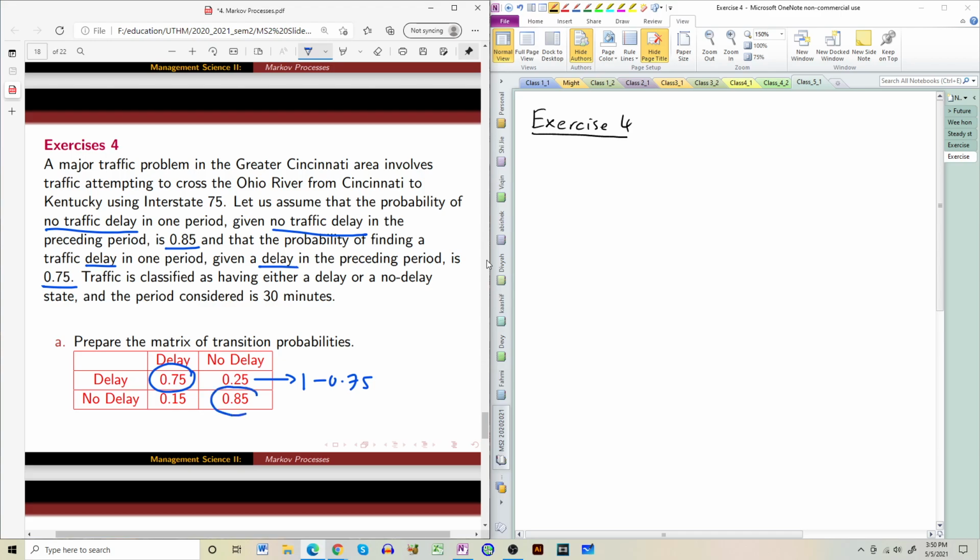Now if you are given 0.85, then this one would be 1 minus 0.85. That's how you find the transition matrix of probabilities for all the states. So this is the answer for A, transition probabilities. Now once you have the probabilities, you can answer the next question.